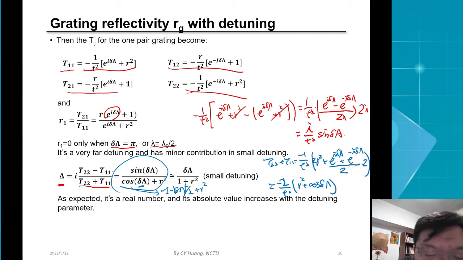Since this term is small compared to r squared, we can just neglect it, and sine delta lambda becomes delta lambda. So the absolute value of the generalized detuning, delta lambda, also corresponds to the detuning in wavelength.